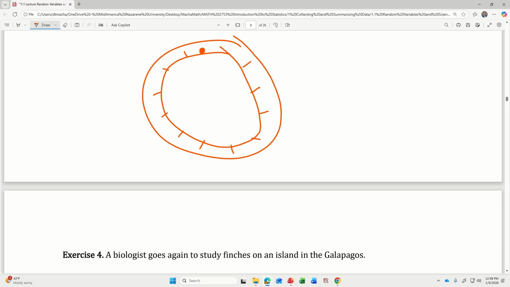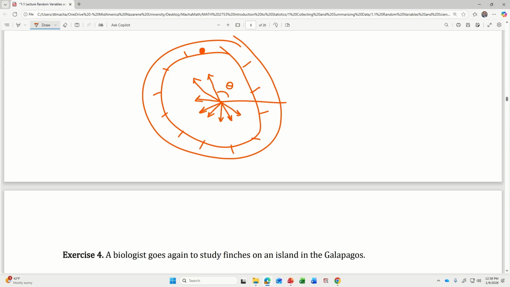And so if you take a random variable like this, and we measure the angle where the ball stops, it's not going to be a whole number. But since there's only a countable number of possibilities for this angle, this would still be considered a discrete random variable.